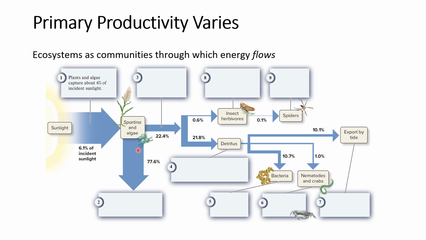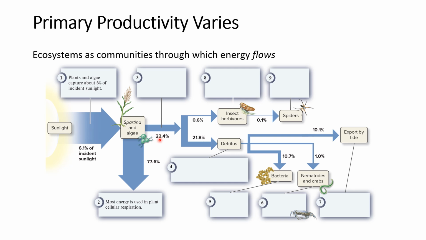They just only use 6% of it. Now, they will, of course, do photosynthesis. Most of the energy that the plants are acquiring is used, well, all of it is used for photosynthesis, but notice about 77.6% is used for the plant's own cellular respiration and growth, right? Remember that plants do photosynthesis primarily to supply their own needs for energy and growth.